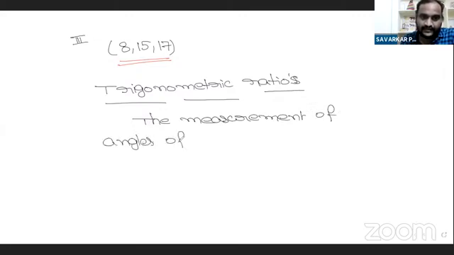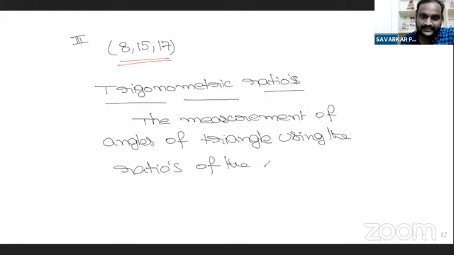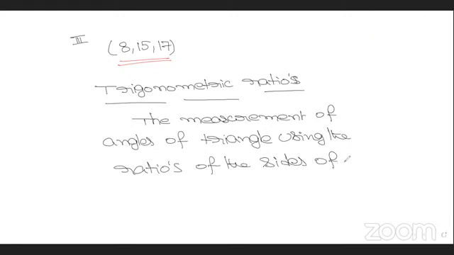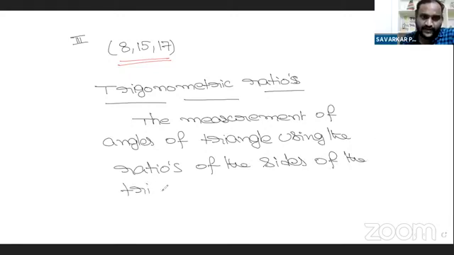Measuring the angles of a triangle using the ratios of the sides of the triangle. So how many ratios will there be? How many sides are there? Three. For making a ratio, how many values do you need?